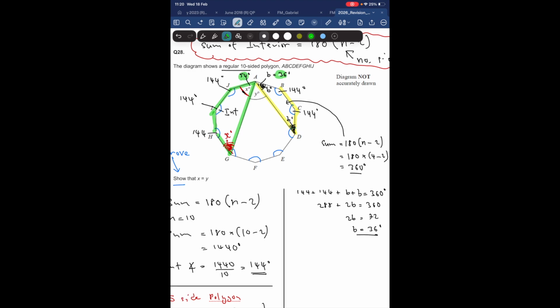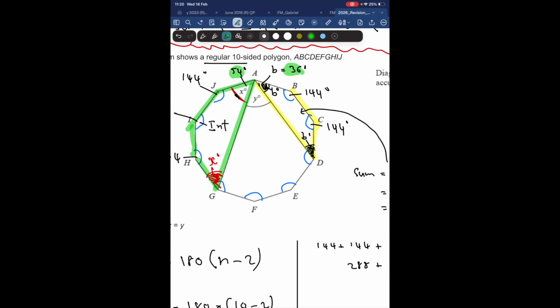So if I just focus my attention on this area here, we know that the interior angle of the 10-sided polygon is 144 degrees. We calculated that at the beginning. So what we know is that x plus this y plus that b must all add up to 144 degrees, because that will be the interior angle of the 10-sided polygon. We know that x is already 54 degrees, and we already just calculated that b is 36 degrees.